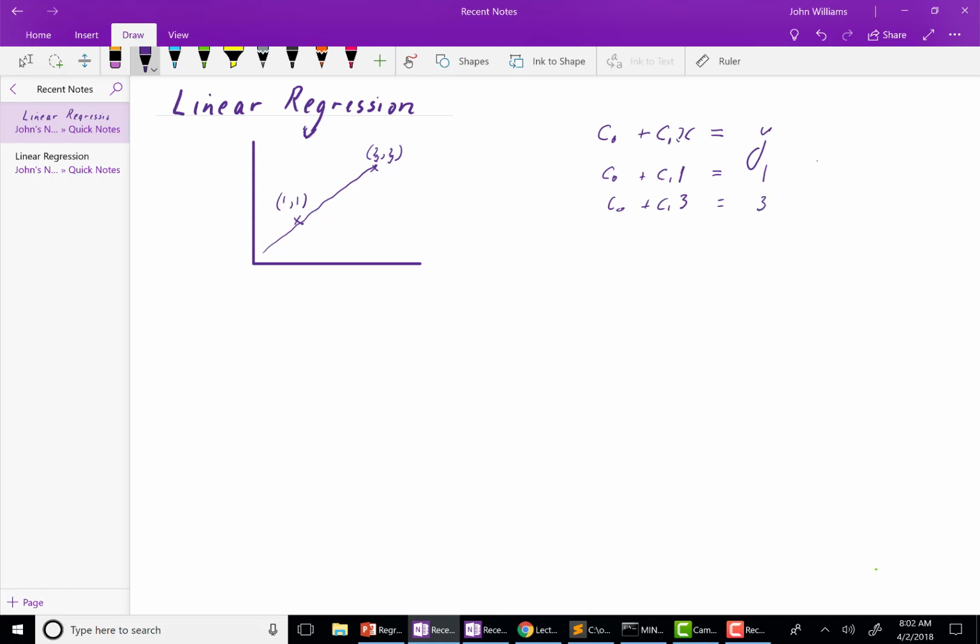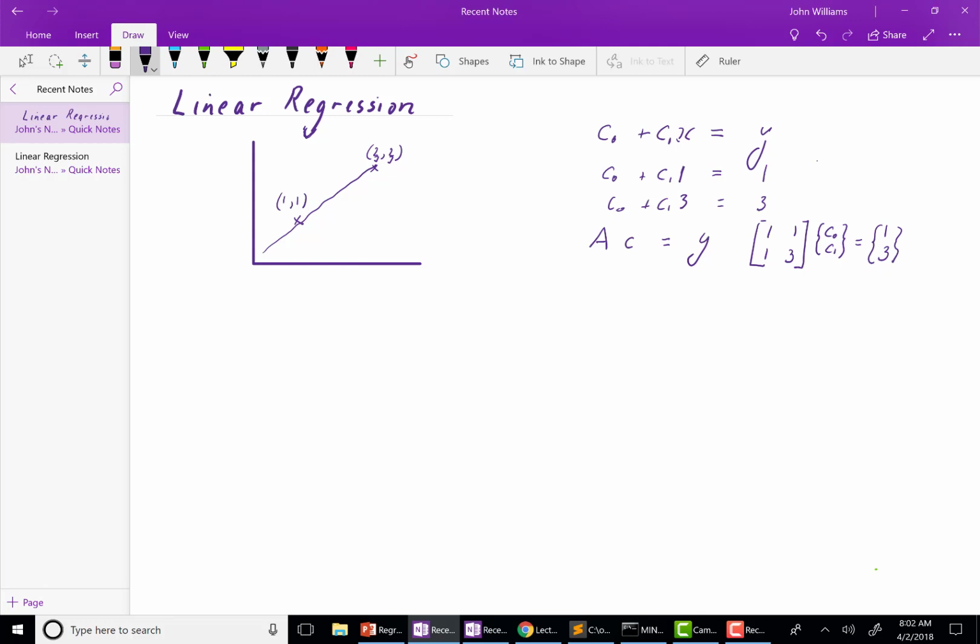And we could write that equation in a neat form, with A being a matrix, AC equals Y. The A matrix would look like this: 1, 1, 1, 3, times C0, C1, equals, in this case, instead of Y, we'd have 1, 3.